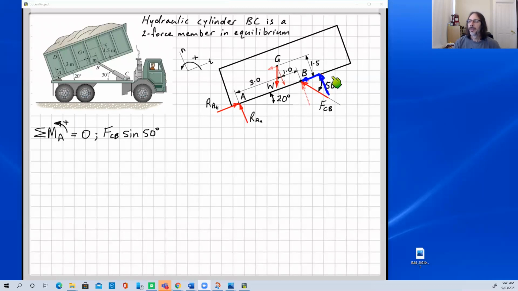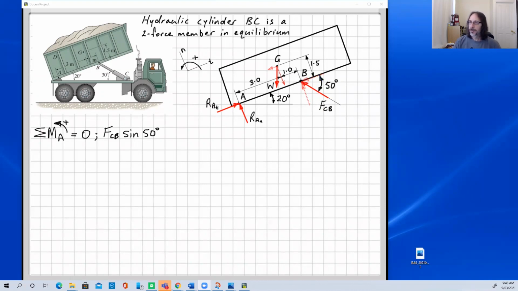So if you're into the habit of drawing your components like this always, without thinking about what you're doing, try to stop yourself and start drawing your components like I have here, so you maintain the correct line of action of your components. All right, so let's get rid of those drawings.